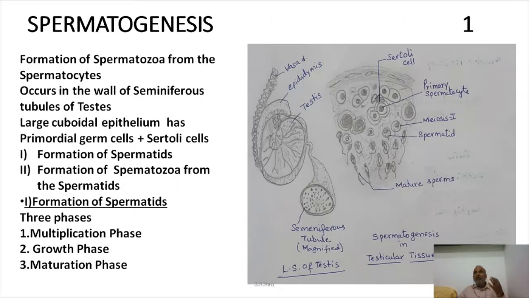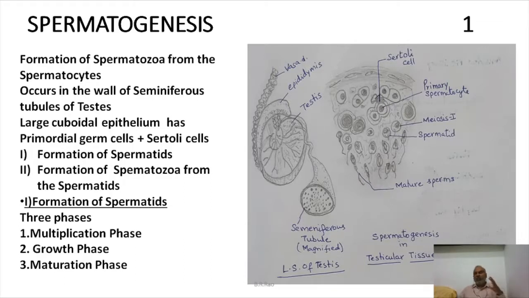They are called spermatids. What is the difference between a spermatid and a primary spermatocyte? The difference is in the chromosome number. Primary spermatocyte is diploid, whereas the spermatid is haploid.